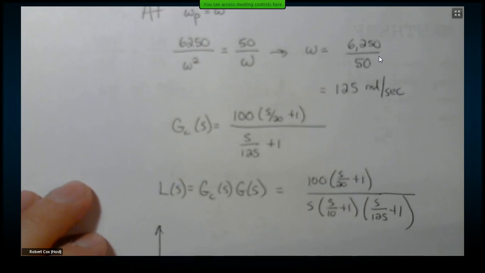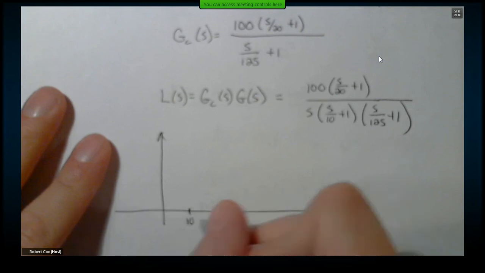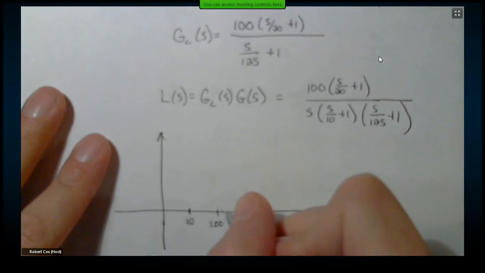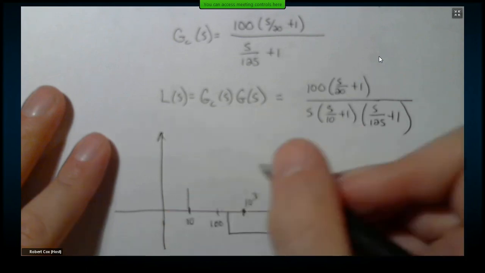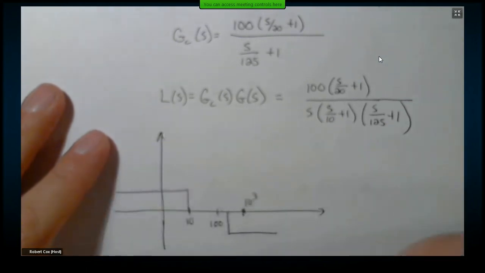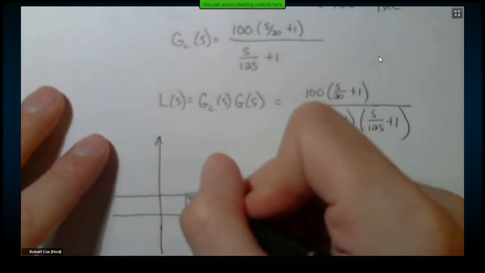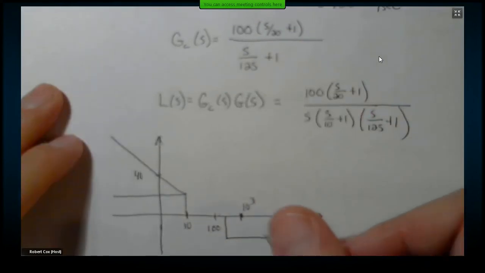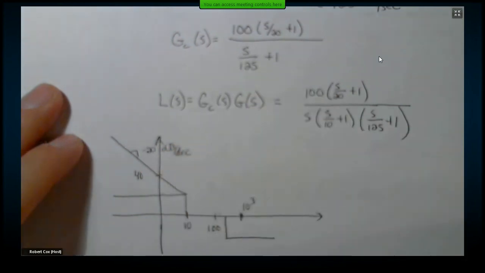So here's 10. Here's 100. Here's 1,000. There's my obstacles. All right. So if I try to plot this guy, I see that he's going to start here at 40 dB, falling off like negative 20 dB per decade.